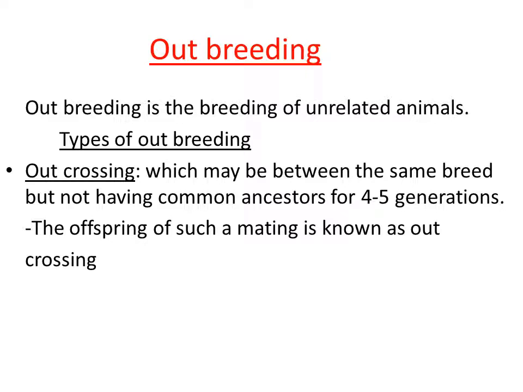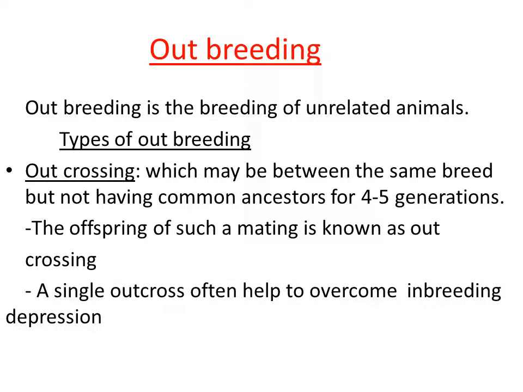So what is the use of outcrossing? Here we are selecting animals from the same breed, right? But they are unrelated. They are not sharing common ancestors. Clear? This type of crossing helps to overcome inbreeding depression.